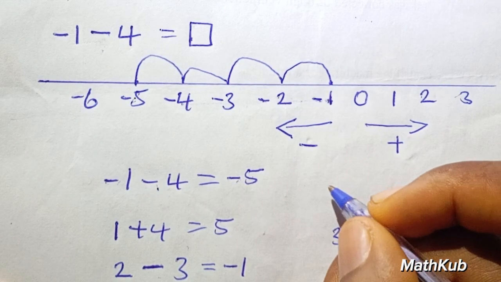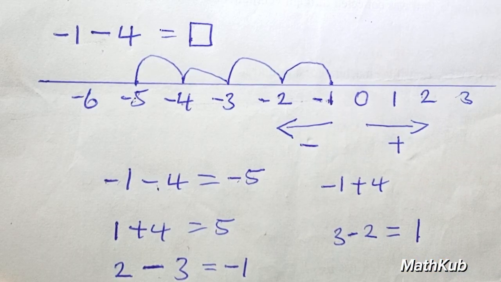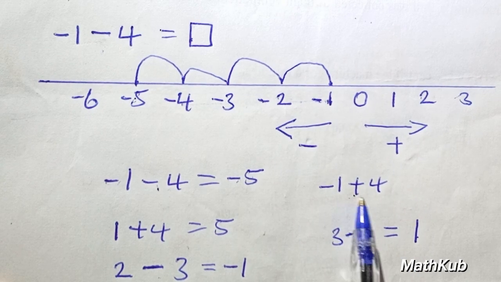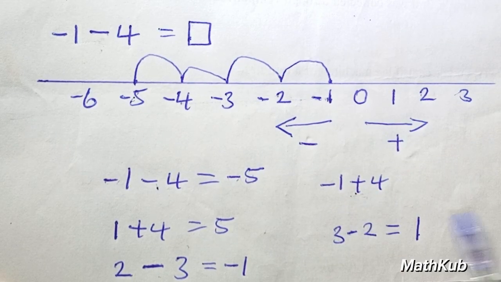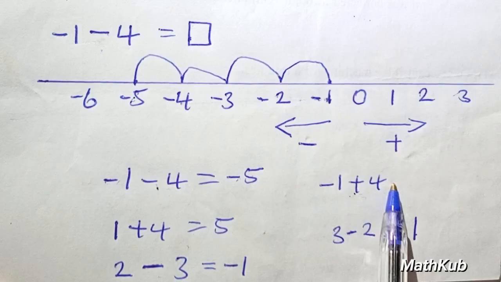When adding, let me give you another one, something like minus 1 plus 4. If you're adding like this, you make sure that you maintain the sign of your bigger number, which is plus, and it's still the same thing as saying 4 minus 1.